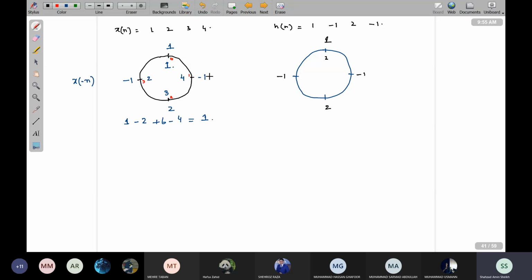This 2 will be placed here, 1 will be here, 4 will be here, and 3 will be here. So as a result of that, मेरे पास जो सैंपल आ जाएगा that would be 6, because 2 minus 1 plus 8 minus 3 and that is equal to 6.